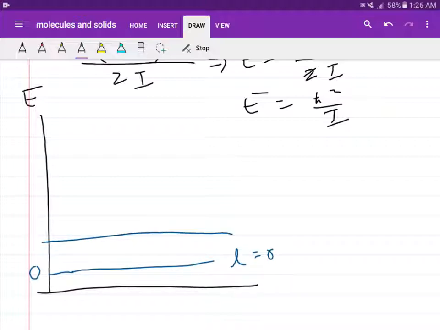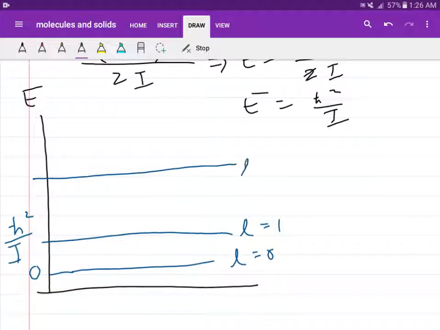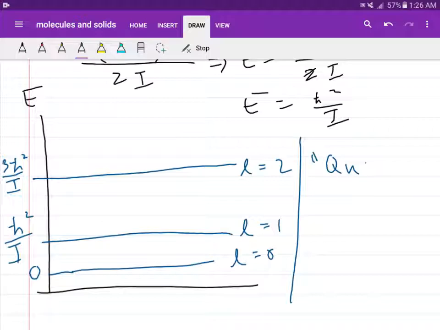At L equals 1, the rotational energy is h bar squared over I. At L equals 2, the value is 3 h bar squared over I. So what can you notice? This energy is quantized by L.